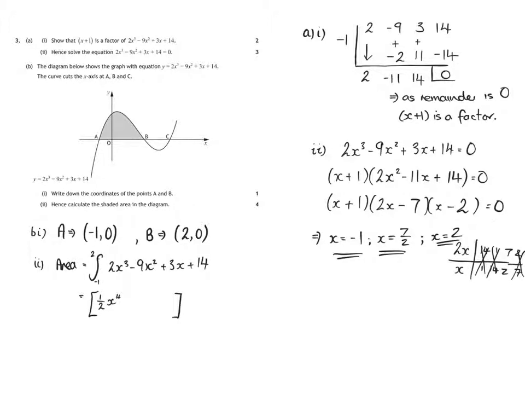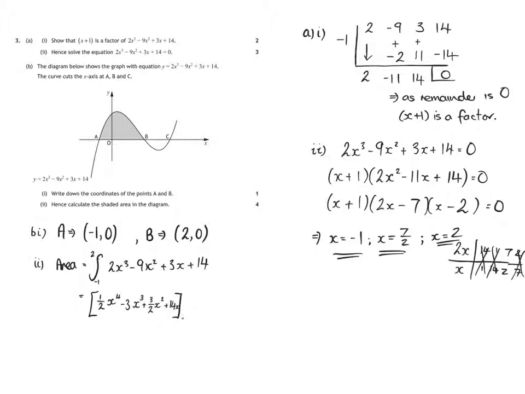Okay, and then for our next one, we're going to raise our power, so it goes from being a 2 to being a 3. We divide by the new power, so minus 9 divided by 3 is minus 3. Next one, we raise the power, so it becomes x squared. We divide by the new power, so we get 3 over 2. And then our number just becomes 14x.